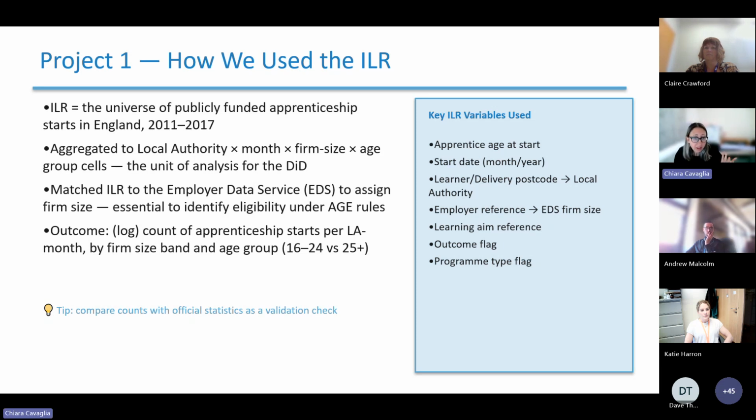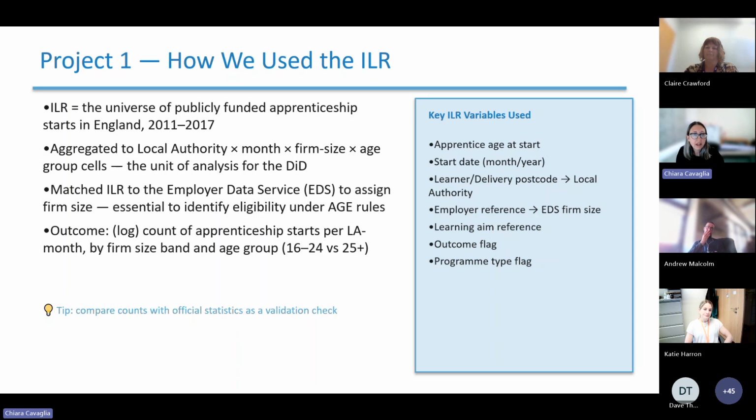So it is useful to understand why aims have been stopped and why there are duplicates, to understand how you can simplify them. This was my first project, so I found it quite overwhelming to work with the ILRs. Especially here, it was looking at the apprenticeship starts, so I found it super useful to compare what I would get after cleaning the data set with the official statistics.